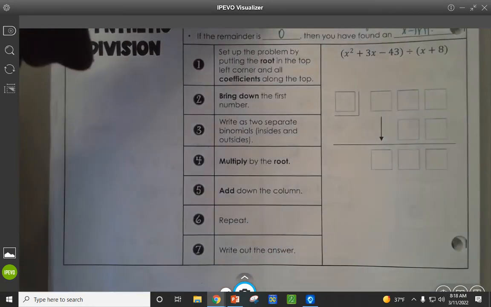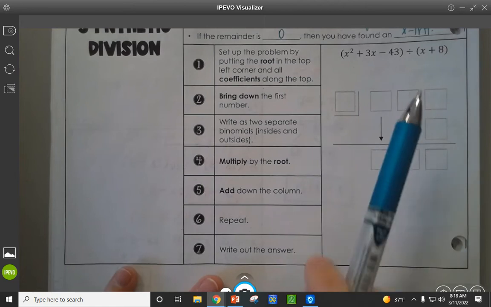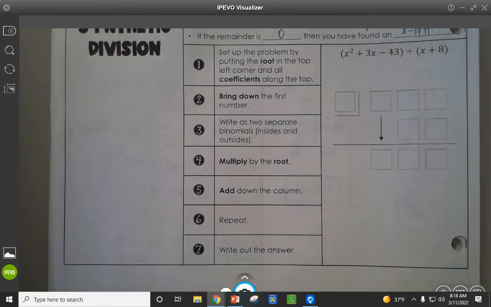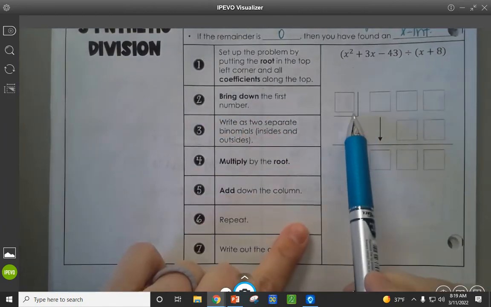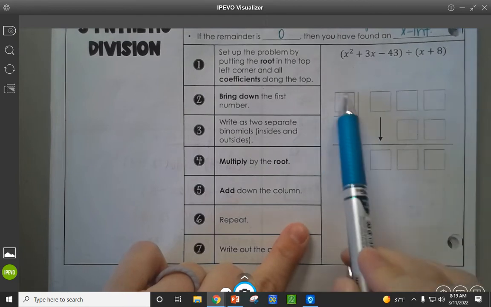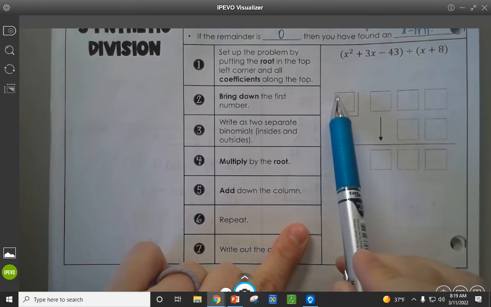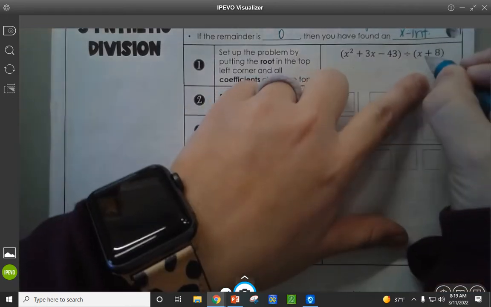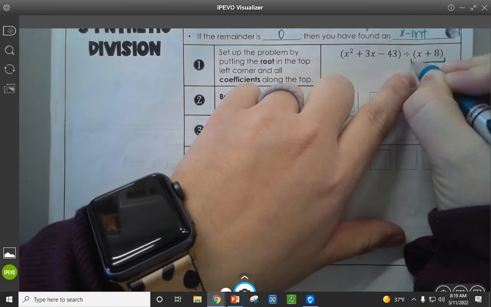All right. So there's kind of a step-by-step process and a setup that we have to do to start the problem. And once we do these problems, you'll get the hang of the pattern and you'll figure out how it works. So we're going to have a little box here. And we're going to put this number. Now the number that goes in this first box is the root.